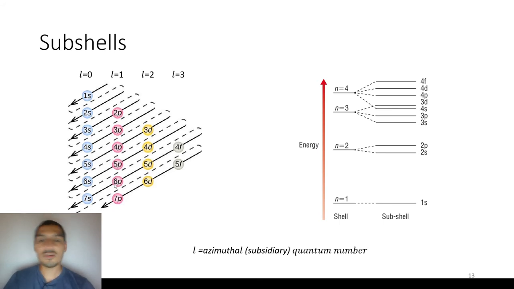Okay, so you would have the overlapping getting more and more complicated, so that in the 6th energy level you would have 6s, 4f, the f subshell of the 4th energy level, and the d subshell of the 5th energy level. Anyways, this is how the energy levels and the subshells are filled with electrons.